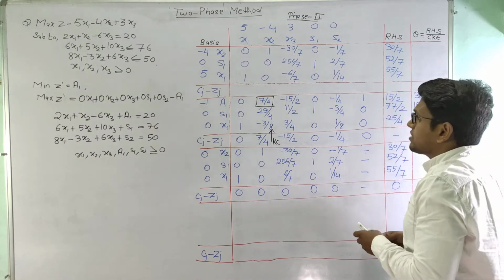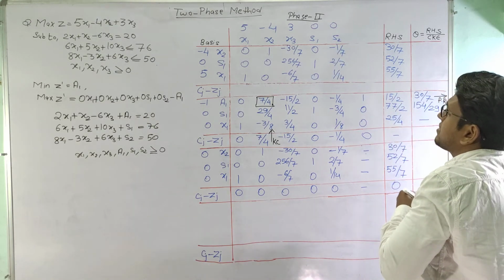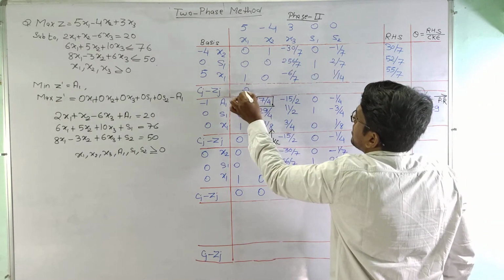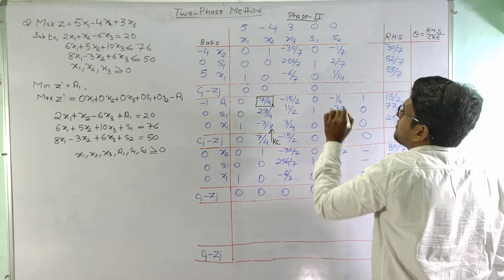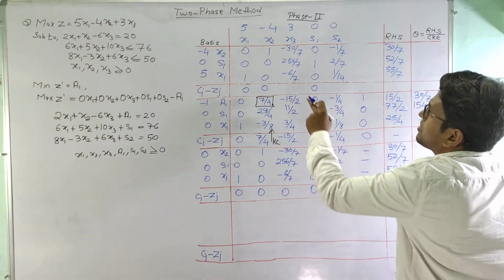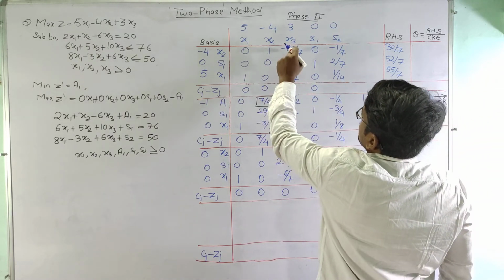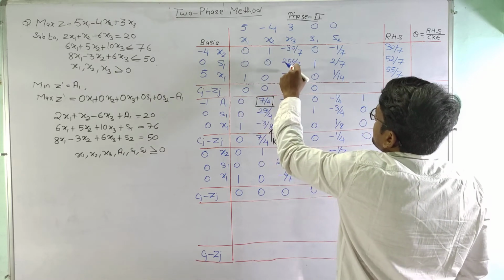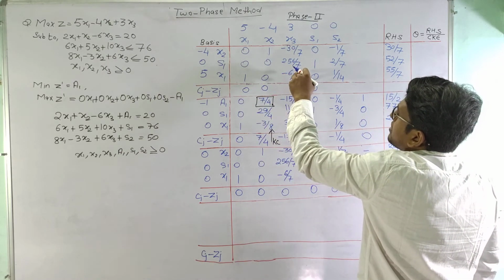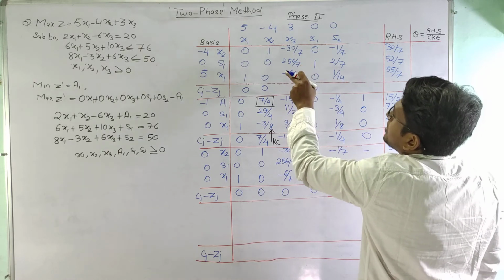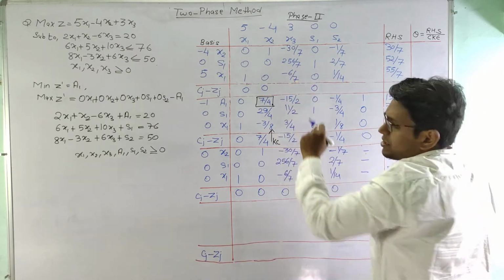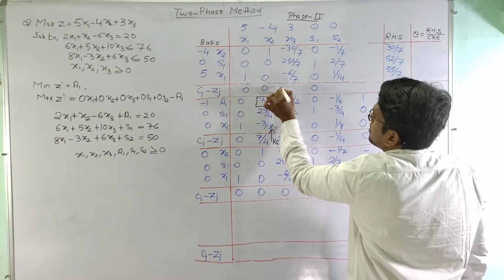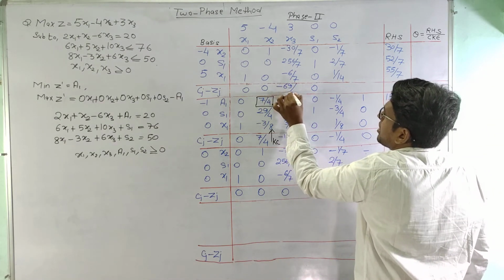Now let us calculate the values of Cj minus Zj. So we can see that x1, x2 and s1 are basic variables. They will attain the value 0. Now we will calculate this. This will be 120, this will be minus 30, this will be 90 by 7, 3 minus of 90 by 7. So this will come as minus 69 by 7.